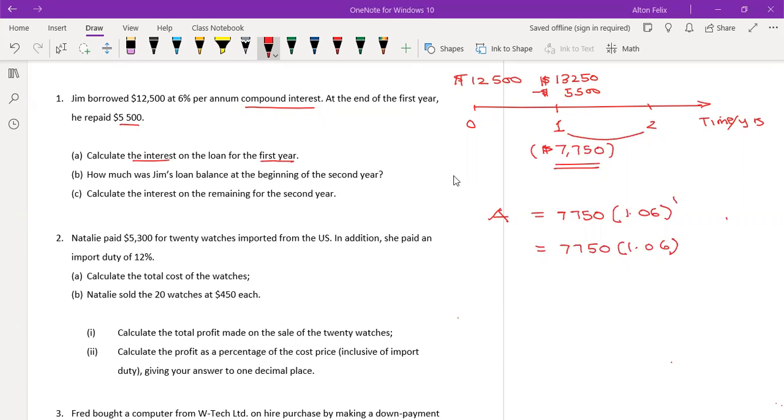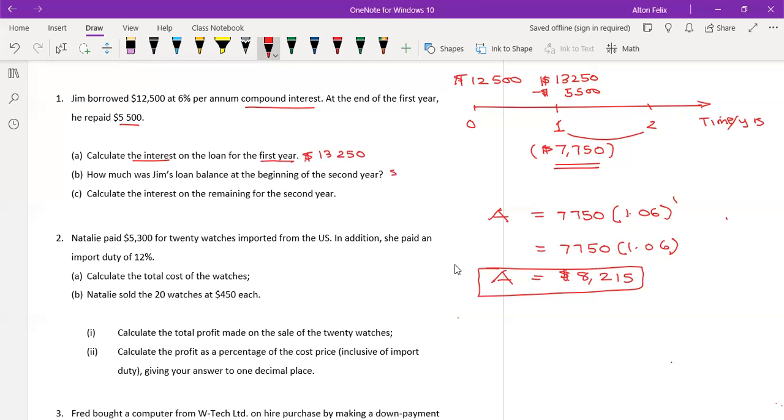Okay, so $8,215. So after the first year is 13,250.